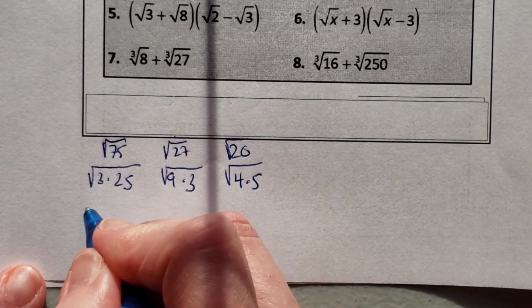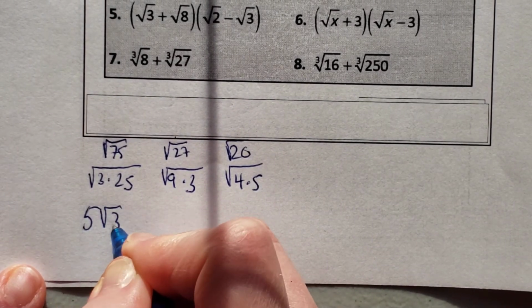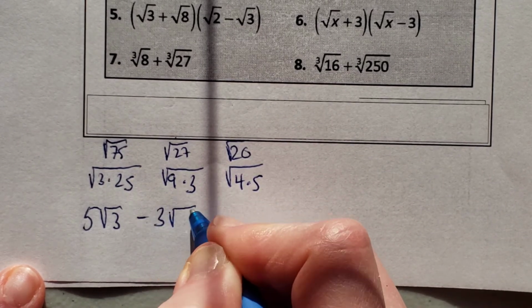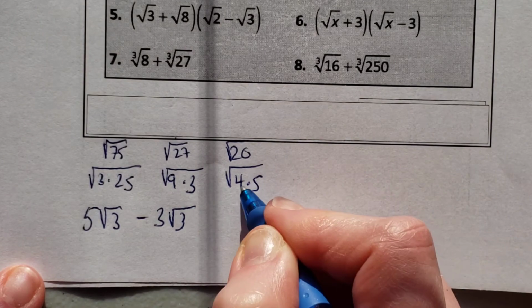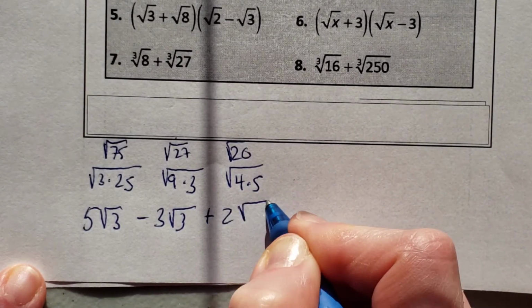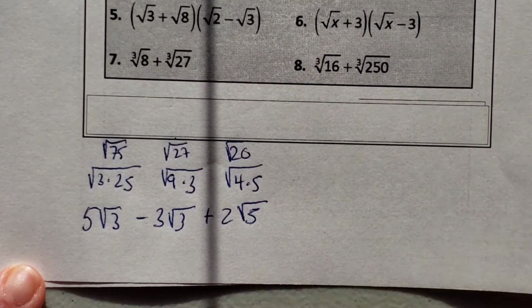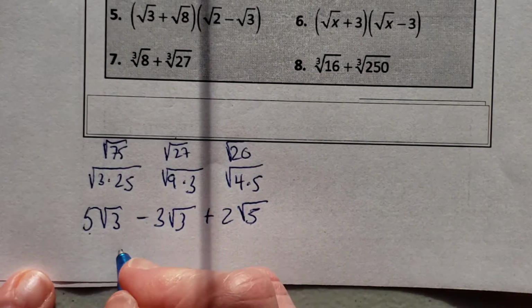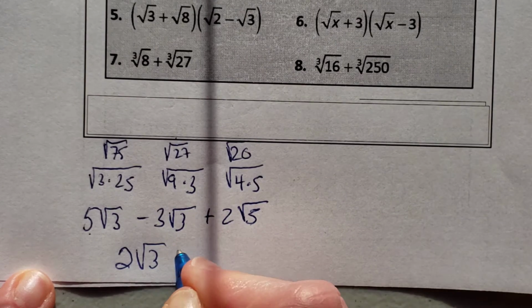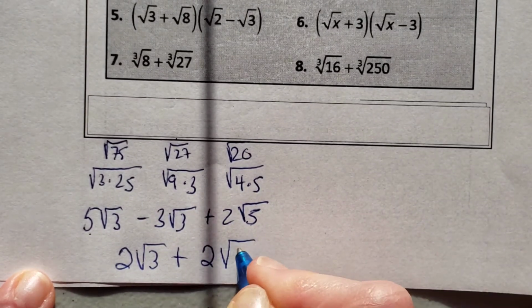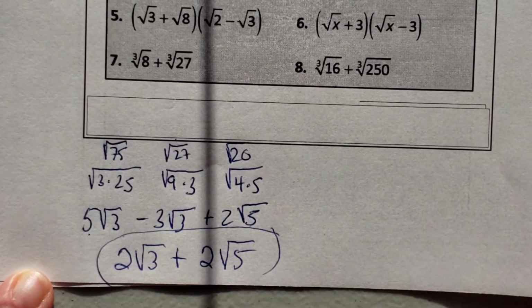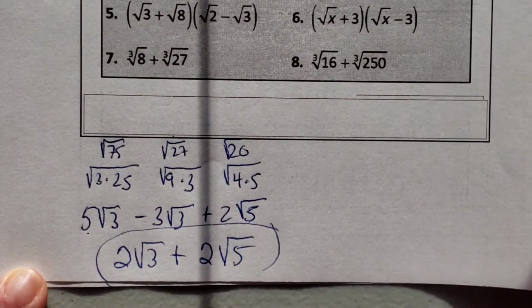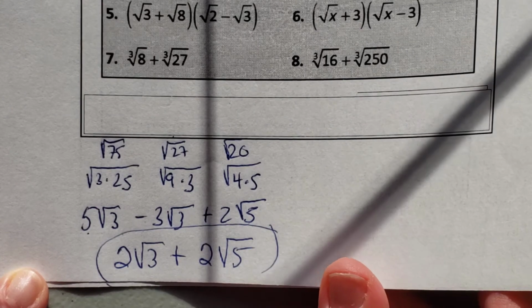So the square root of 25 is 5, giving 5 square roots of 3. Square root of 9 is 3, giving 3 square roots of 3. And the square root of 4 is 2, giving 2 square roots of 5. So now I combine my like terms. 5 minus 3 is 2 square roots of 3 plus 2 square roots of 5. I'm going to check my answer on that one. Yep, that's exactly right for number 3.